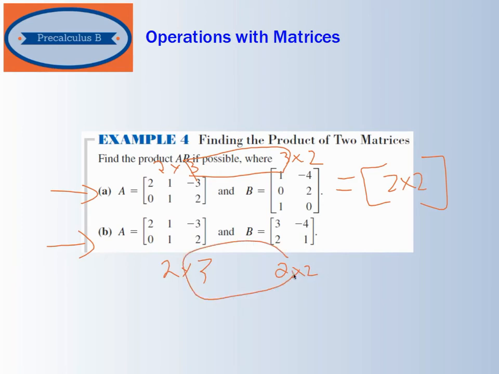Because the columns for A do not equal the rows from B, we cannot multiply. It's undefined; there's no matrix here. So the first thing we want to do is check, can we multiply them? Really, we're only going to find the answer to A.